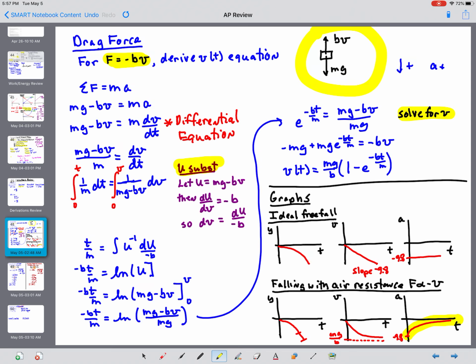That means our velocity increases rapidly at the beginning, but approaches a constant value, and that's the coefficient in the equation, mg over b, and we would term that the terminal velocity.